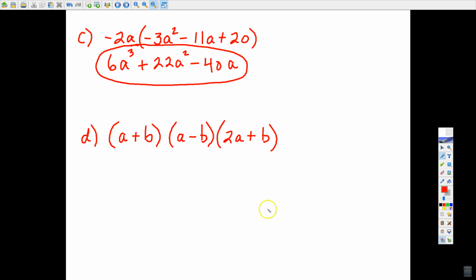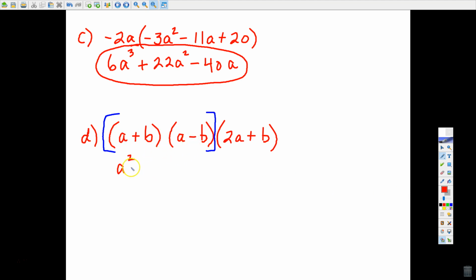All right, now letter D, we have multiplication of these three binomials. To start, we just need to pick a pair of binomials. It really doesn't matter which two you choose. I'm just going to put brackets around these two, and I'm going to use FOIL on just these two. If I use the FOIL method, I get a times a, which is a squared.